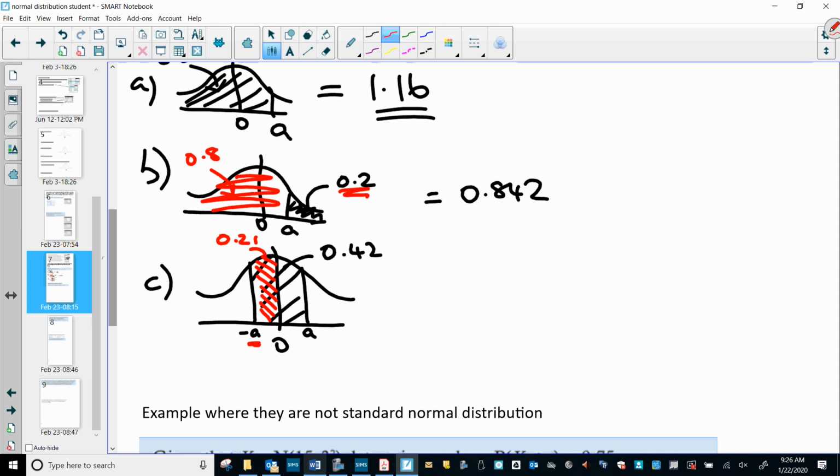You said half, you knew what you meant, yes? And so that means that this area to the left of this negative A is going to be 0.29. So we're going to chuck into our calc 0.29 as our area.